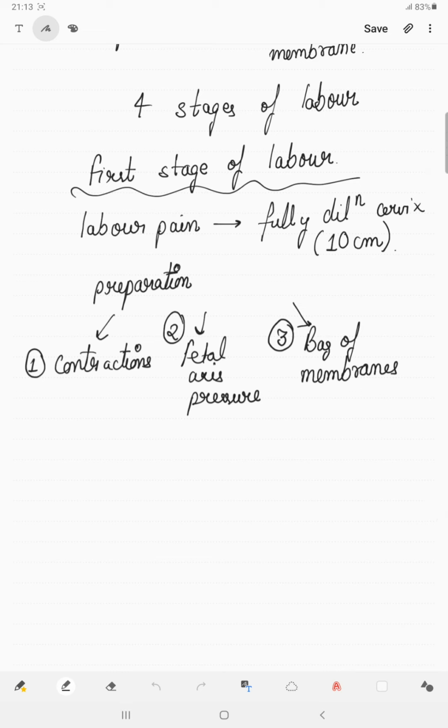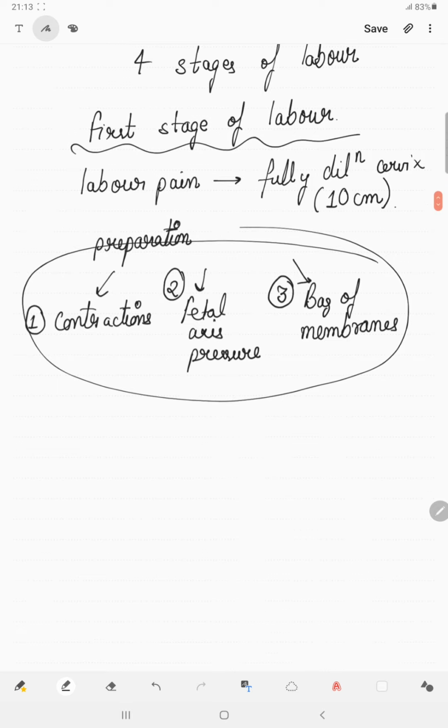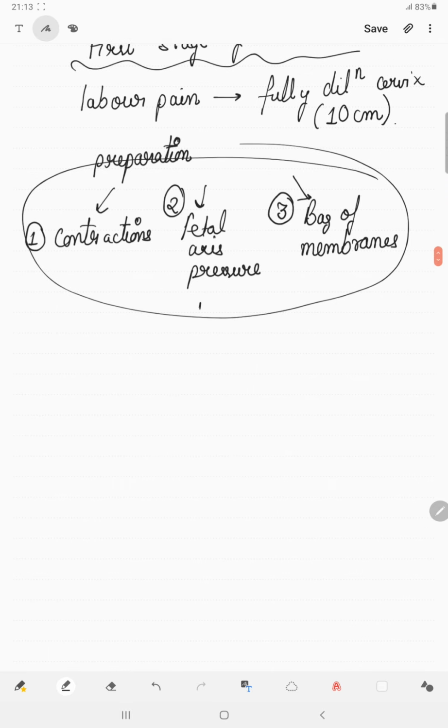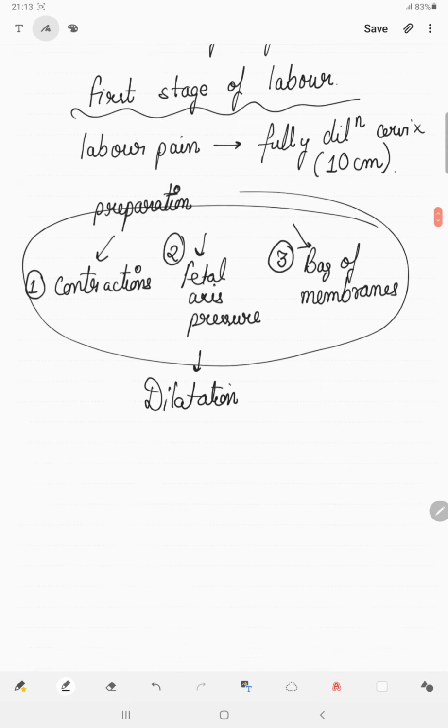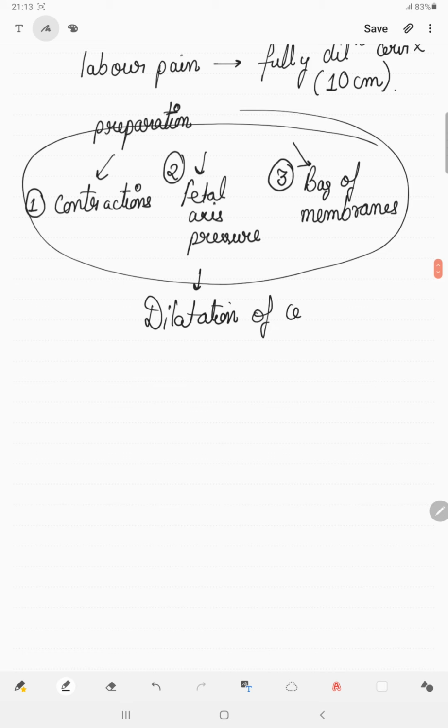We had talked about this, and let me tell you all that all of these were leading to what? They were leading to a dilatation of the cervix. So this is the number one thing that occurred in the first stage, that is the cervix dilated in order to expel the fetus in the next stage.